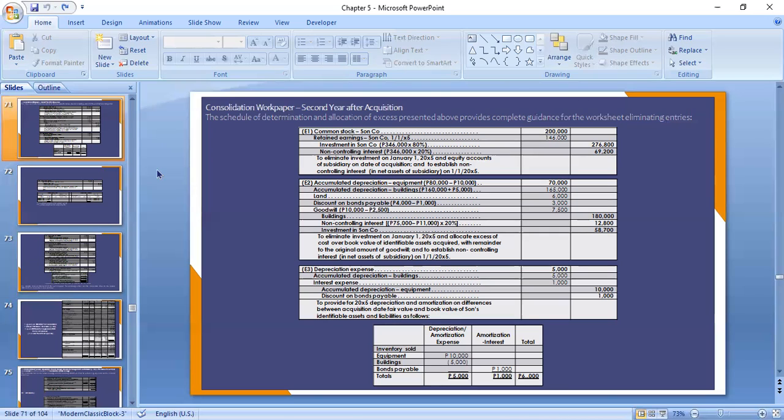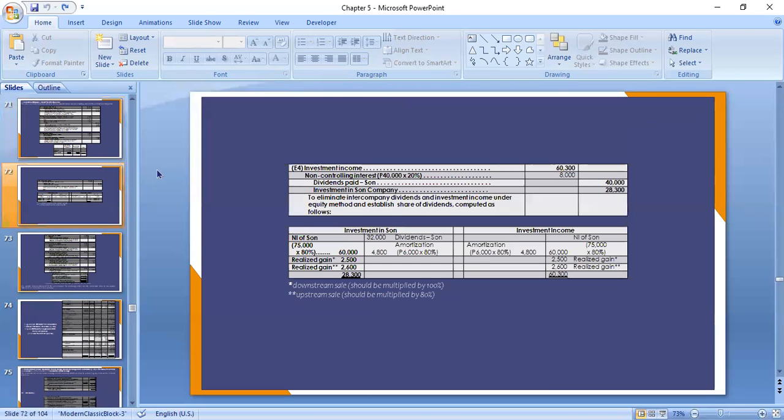So these are your depreciation and amortization expense for the equipment, the buildings, net of 5,000, and for bonds payable 1,000. So you have a total of 6,000.